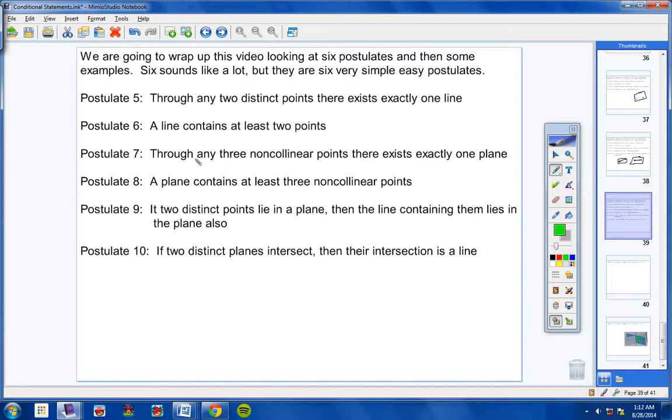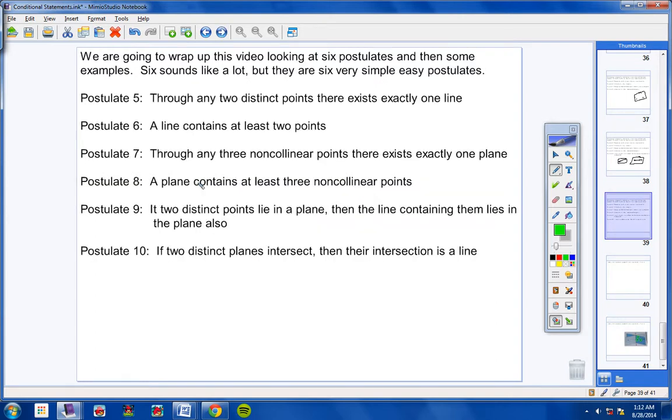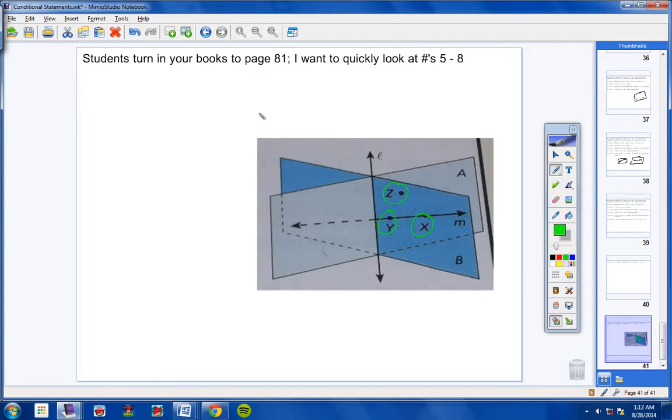This is going to be the one right here, because we are told that we have, if you look at number 5, X, Y, and Z, 3 points. So, through any three non-collinear points, there exists exactly one plane. So you would use postulate 7. Let's take a look at number 6. The points X and Y lie on a line.